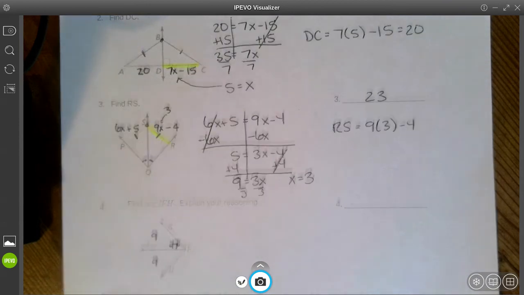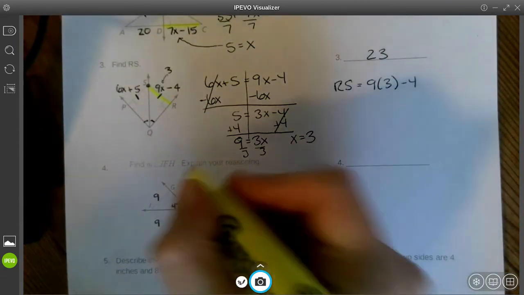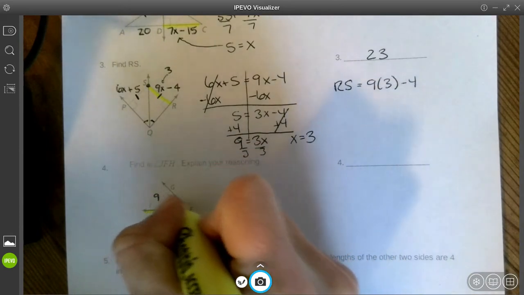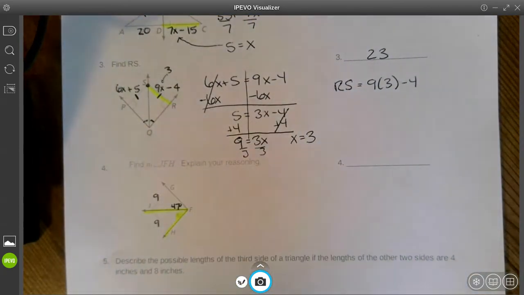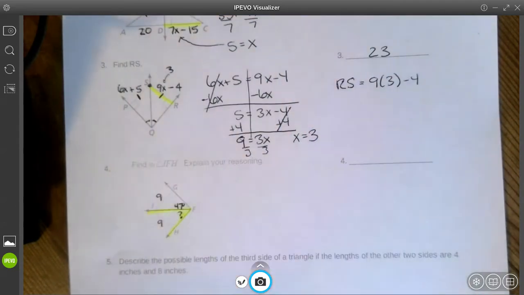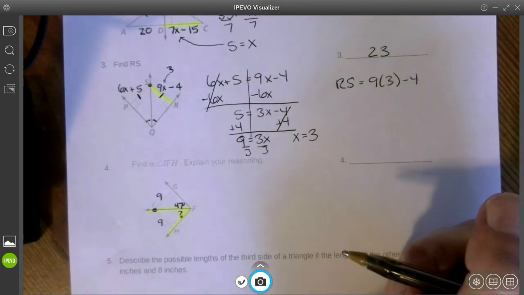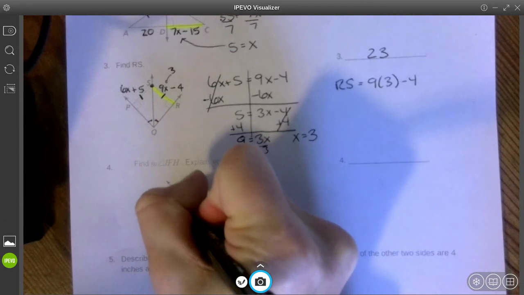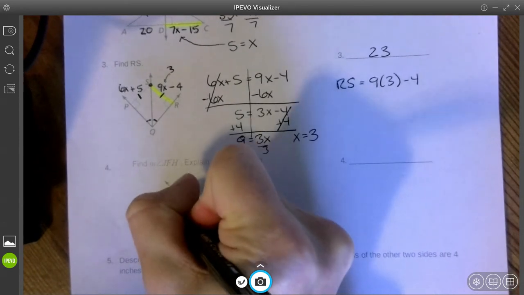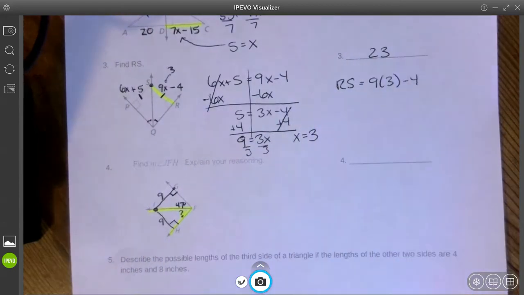And number 4, our very last one, it says find the measure of angle JFH. JFH is this yellow angle here. So this angle, we want to find this measure. Notice that point J must lie on the angle bisector. And I know that because the distance from J to G is 9, and the distance from J to H is also 9.